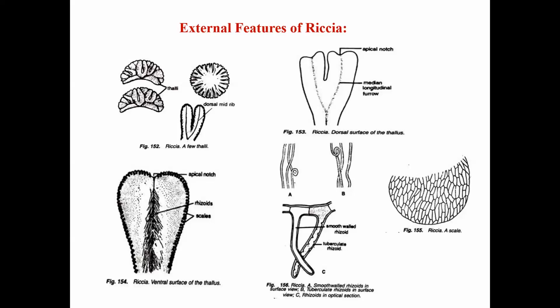The rhizoids are of two types, that is smooth-walled and tuberculate rhizoids. In each case, the rhizoids are unicellular. The tuberculate rhizoids possess peg-like infoldings into the lumen of the rhizoids.